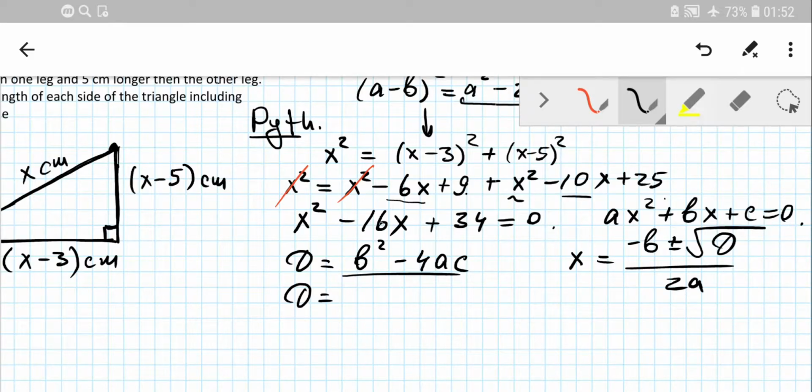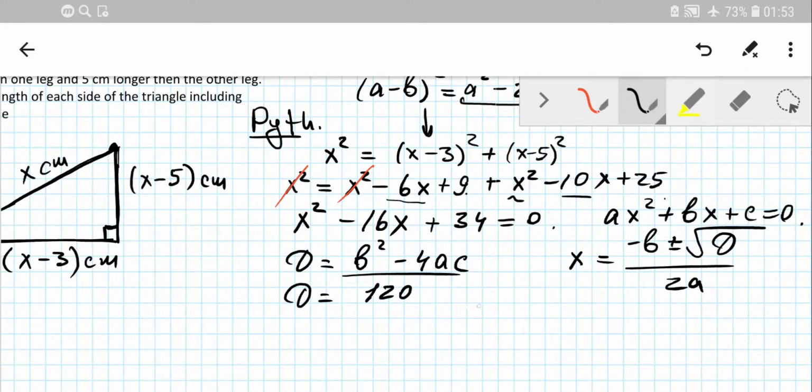b squared is 16 squared, and then minus 4ac, 4 times 34. So I've got 120. It's not a nice number because I'm not going to have a whole square root of that, but I can use estimation or a calculator to give a value to some decimal places.